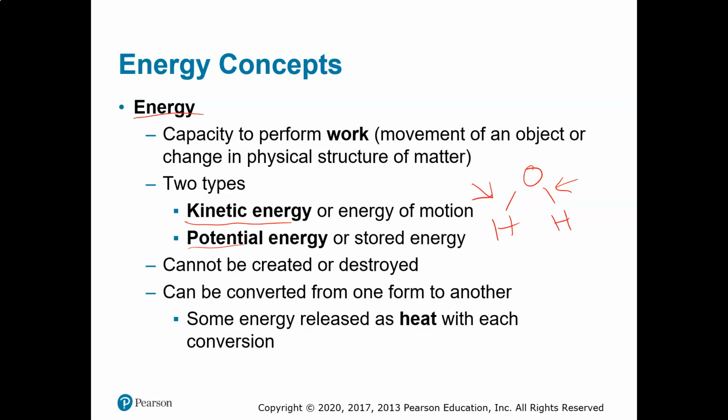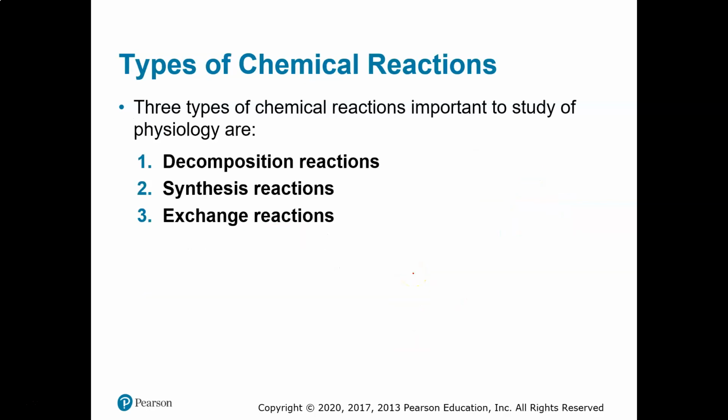Now, if those bonds break, that releases kinetic energy. Energy can't be created or destroyed, only changed form, and sometimes energy is released as heat into the atmosphere. It's not lost, but it is released as heat.